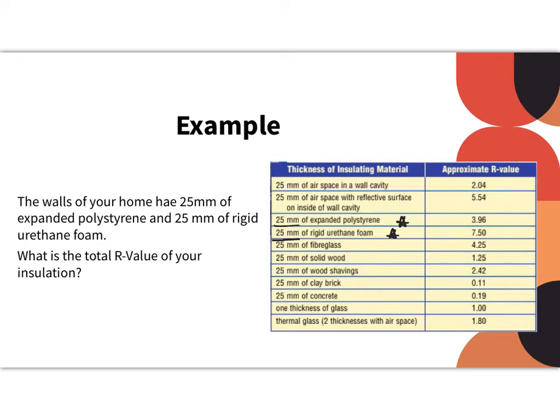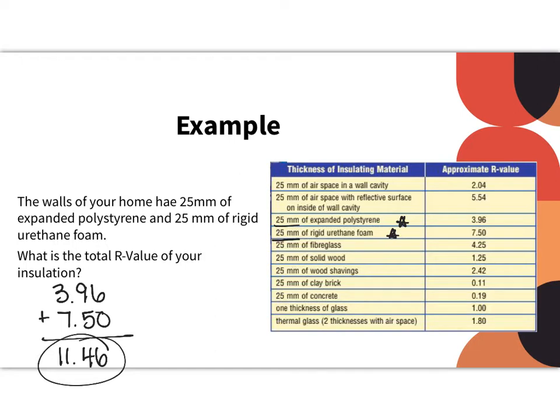So we're going to take the R value of each, so 3.96, and we're going to add it to the 7.50, and we'll get our total. The total combined R value will be 11.46.